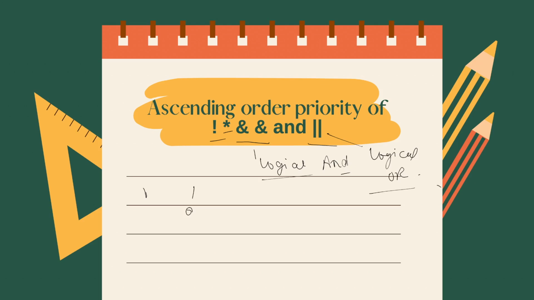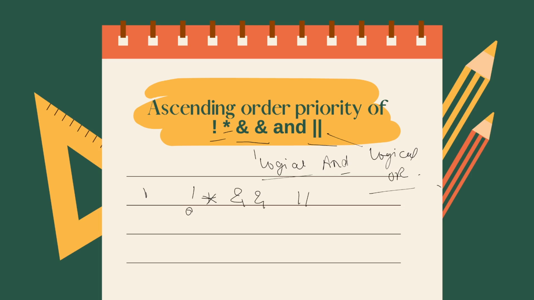The one that gets the highest precedence is not. After that, we have the arithmetic multiplication. After that, we have the logical and, and after that, the logical OR.